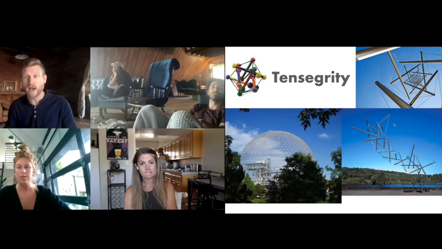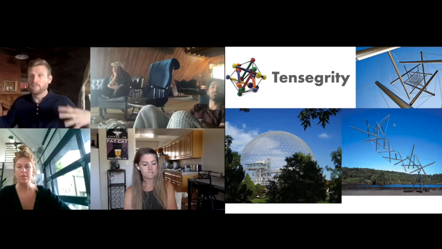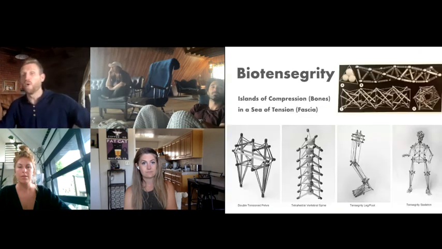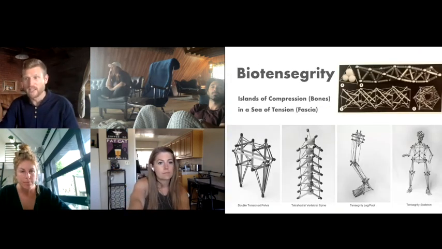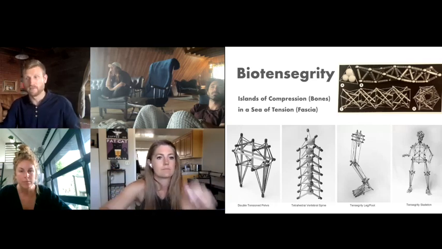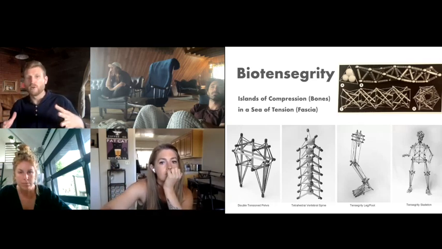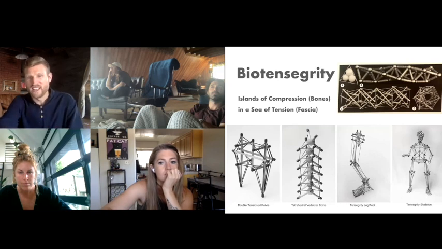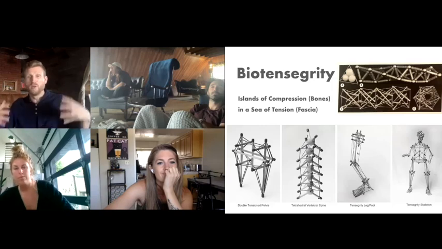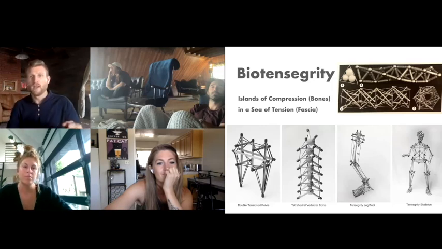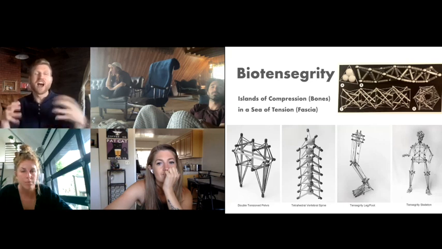So in the human body, the fascial web composed of collagen and elastin fibers organizes and holds every cell in place, defining its mechanical environment and spatial relationship to its neighbors. Like in these models, the bones are the islands of compression in a sea of tension, the fascia.